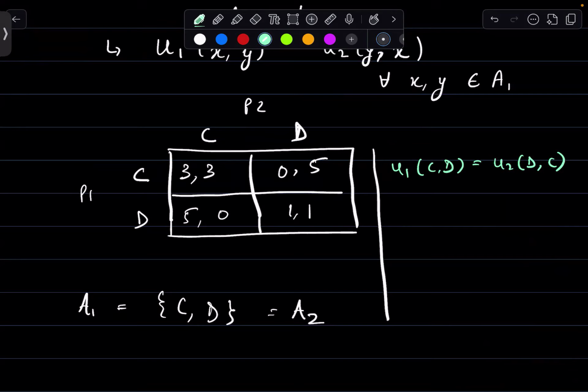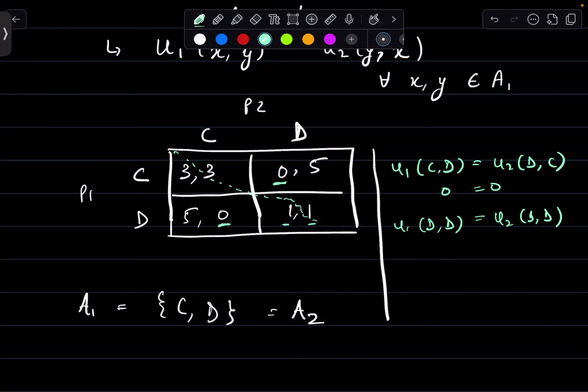U1 of C comma D is 0, U2 of D comma C also 0. And so that is satisfied, right? U1 of D comma D, when there is nothing to flip, equals U2 of D comma D, right? And that holds true for all of these.